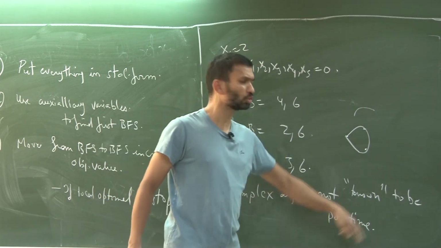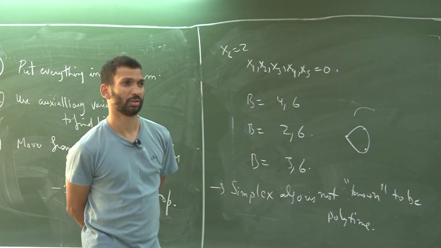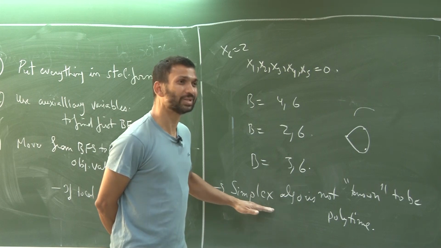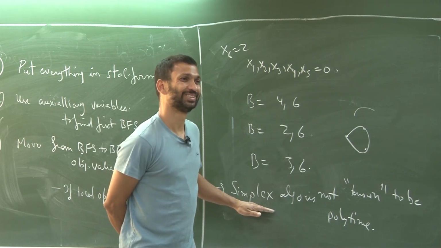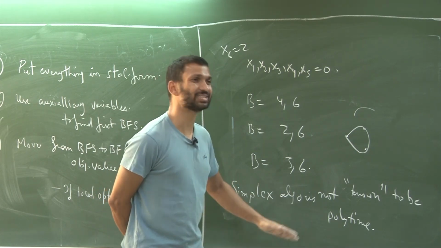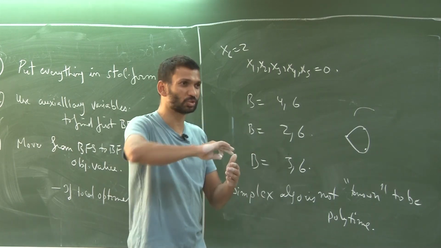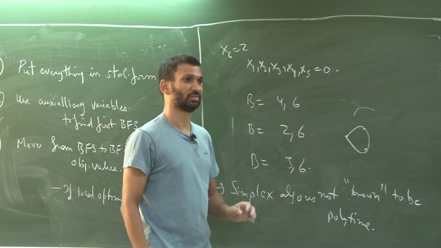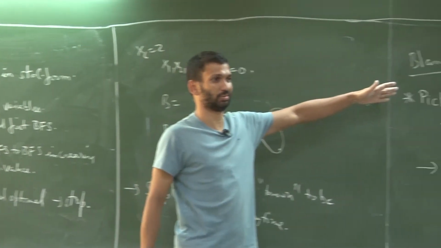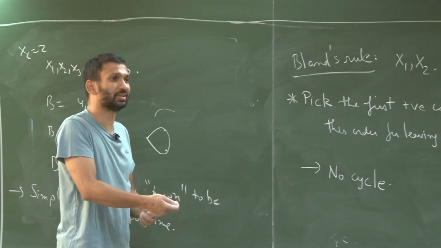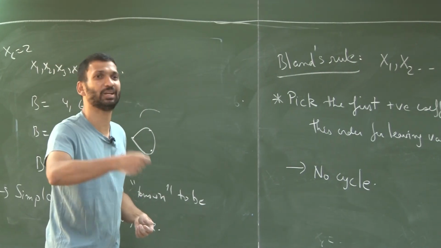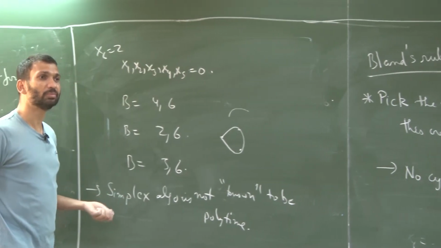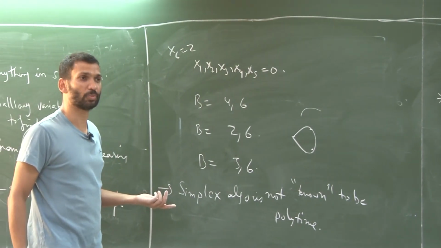Can anyone tell me why I put quotes on known? Because there is no one simplex algorithm. Right? When we say this, it means from this class of algorithms which utilizes these convexity properties, is there an implementation like Bland's rule, one rule depending on how I choose the leaving variable and the entering variable? Probably. That's how you would suddenly go from exponential to polynomial time.